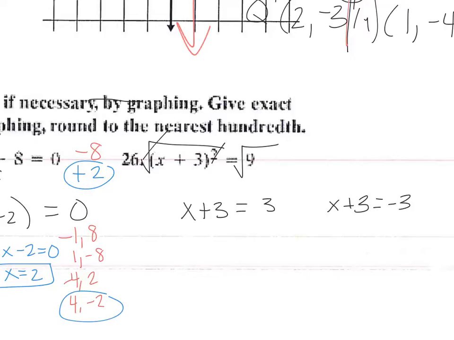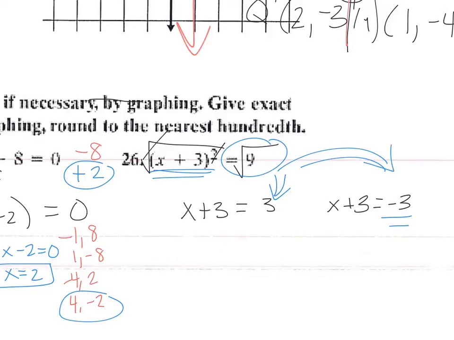That would work. Because if this was negative 3 and you squared it, you would still get 9. So you have to make sure that when you square root both sides, you do the positive and the negative. So I'm going to subtract 3, so x equals 0, and I subtract 3 right here, x equals negative 6. So let's check it.